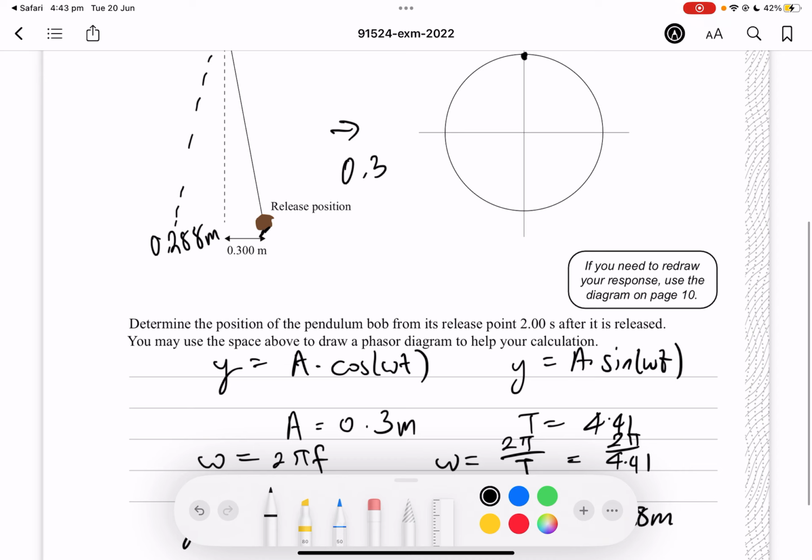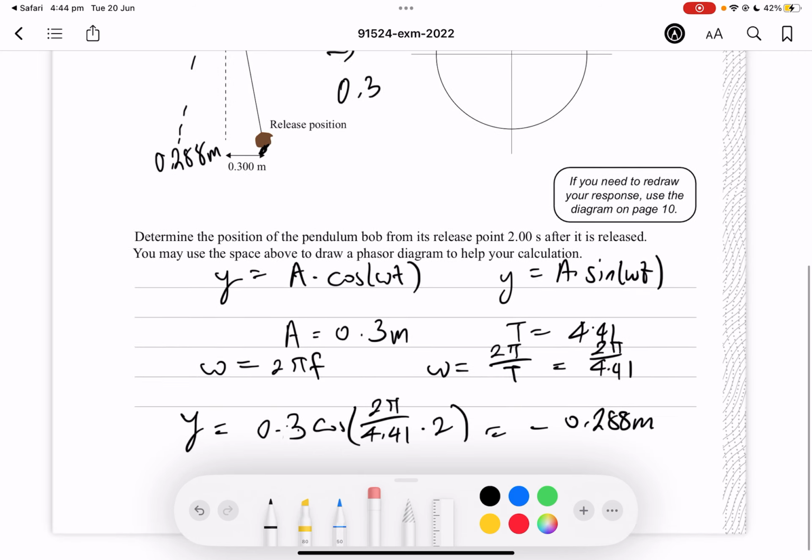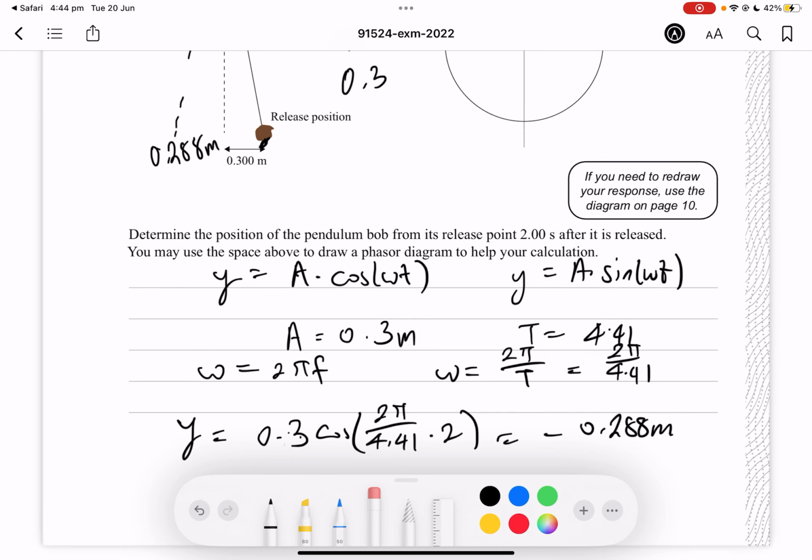And notice if you do decide to use y equals negative a times cos omega t, that's also a valid approach. In this case, you'd be considering the release position to have a negative displacement, and therefore on the left-hand side it will be a positive displacement. So if you use y equals negative a times cos omega t, you will get the answer of positive 0.288 meters.